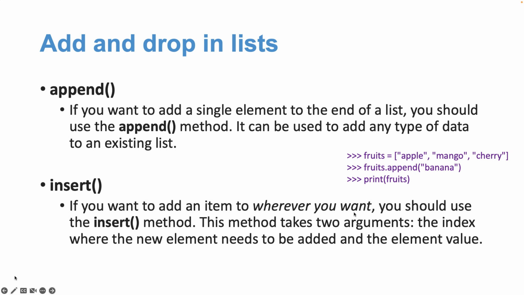So we specify not only the value that we want to add, but also the index. For instance, let's say we want to add a value to the beginning of a list. In this example, we have a list called fruit, and we can insert banana at the beginning of that list.